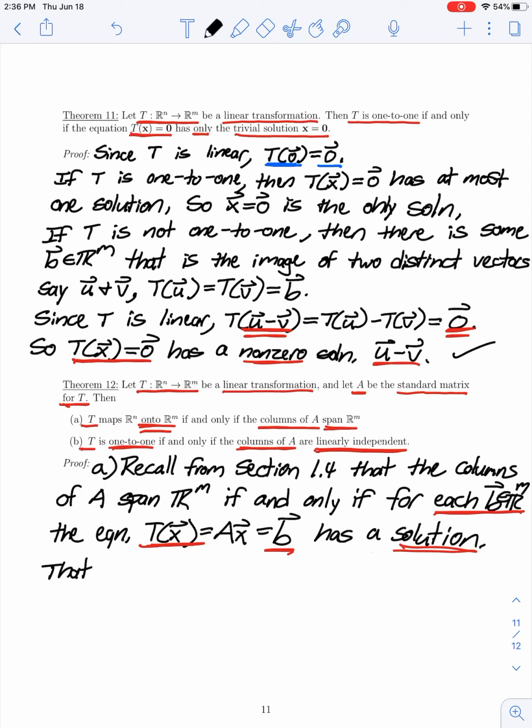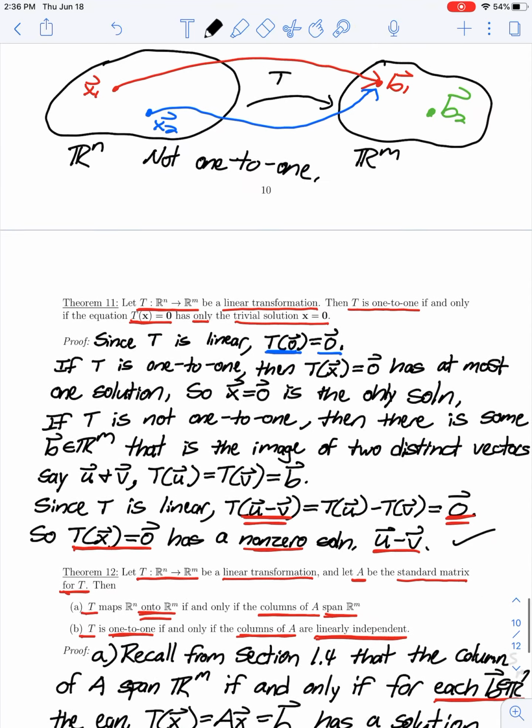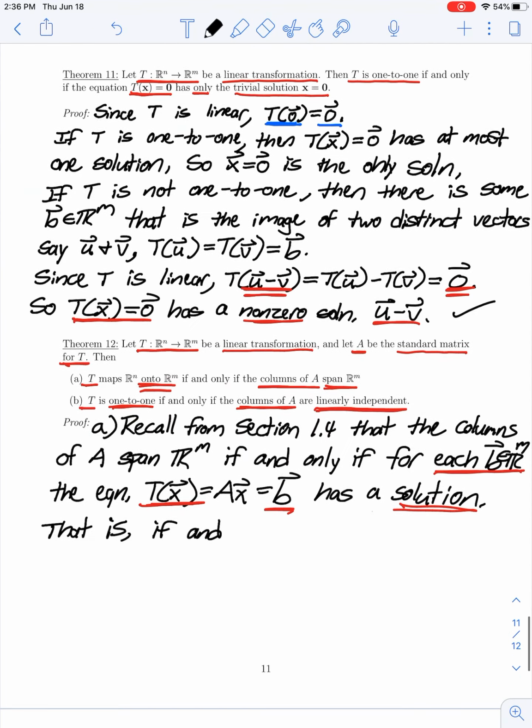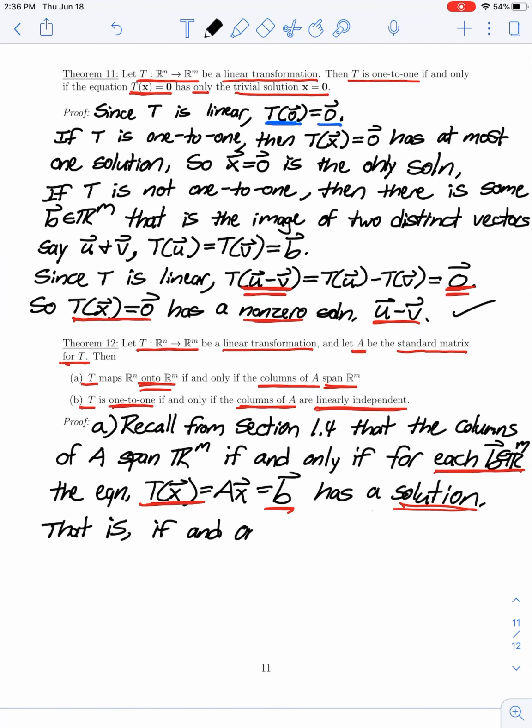So we can say that is if and only if T is onto. So those statements are equivalent. T is onto if and only if the columns of A span Rm.